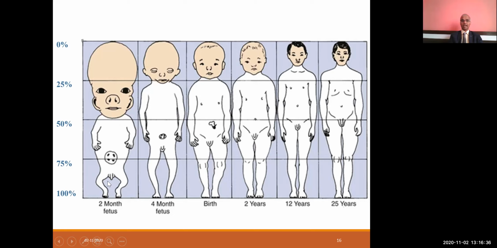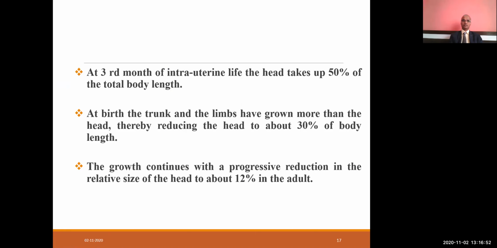So trunk and limbs at 2 to 3 months of fetal life, where it is 50%, it becomes more than 85% at adult life. So at third month of intrauterine life, the head takes about 50% of the total body.